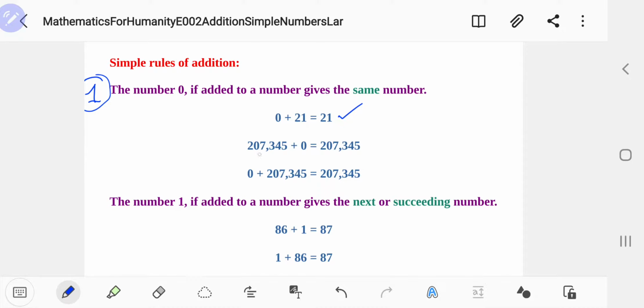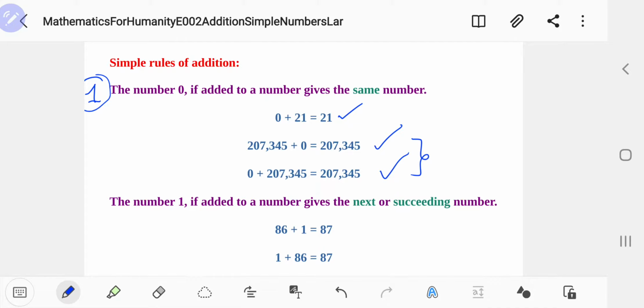Or 207,345 plus 0 equals 207,345. The third one is 0 plus 207,345 is equal to 207,345.